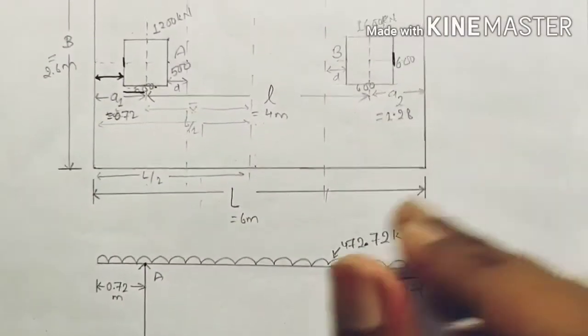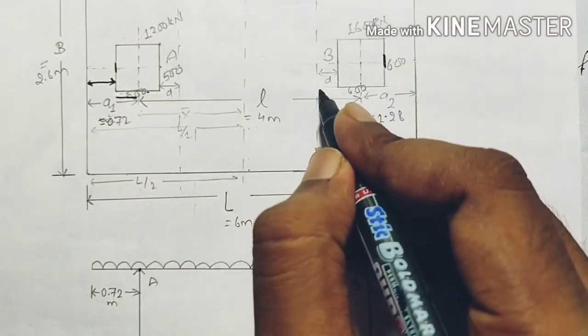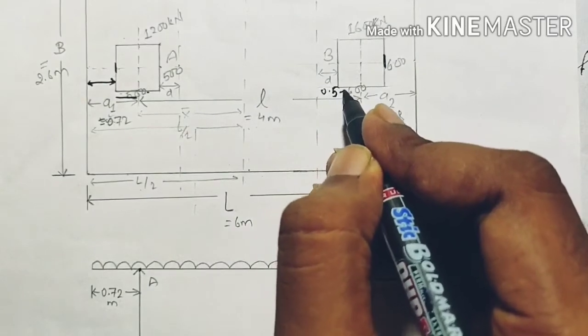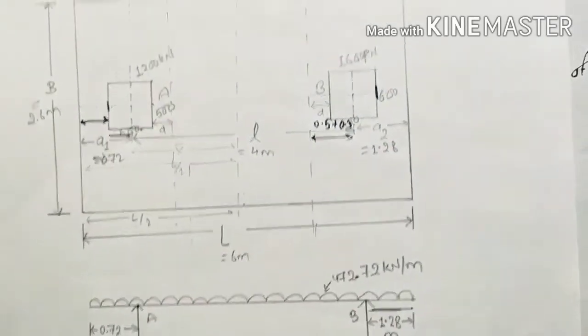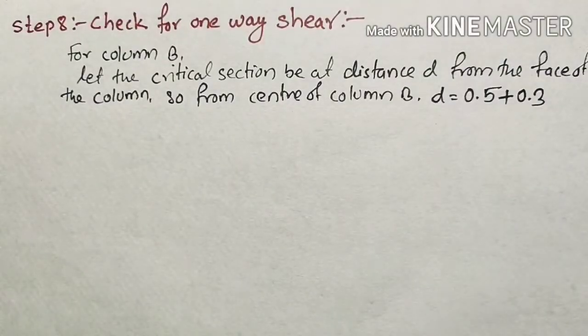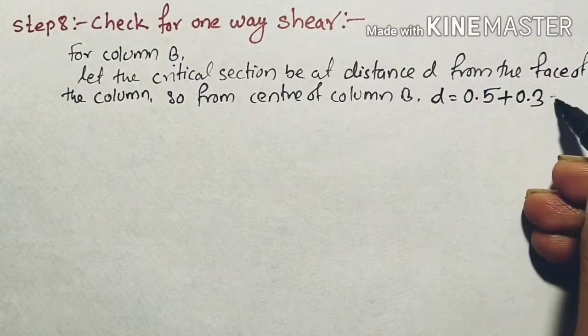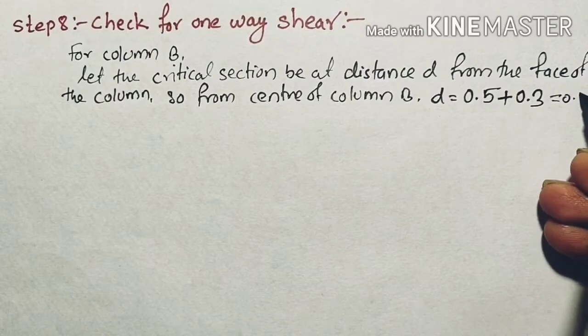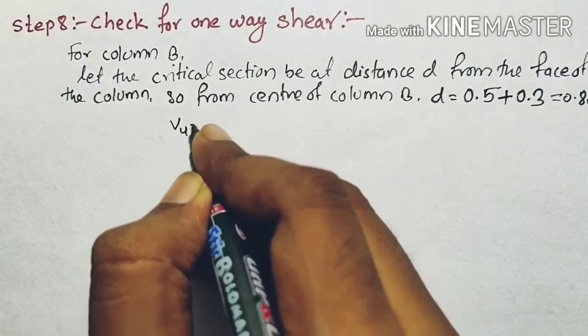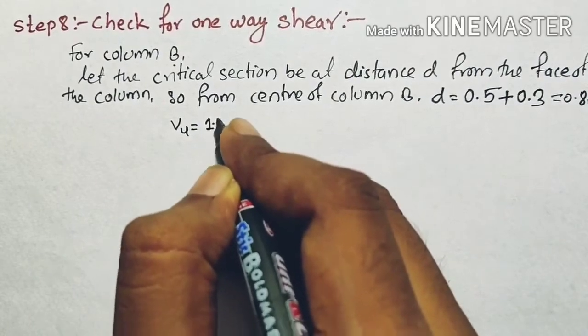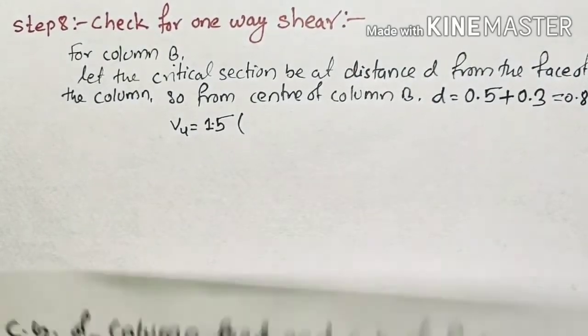Let me show you this. This is 0.5 plus 0.3 up to here. So D equals 0.8 meter.